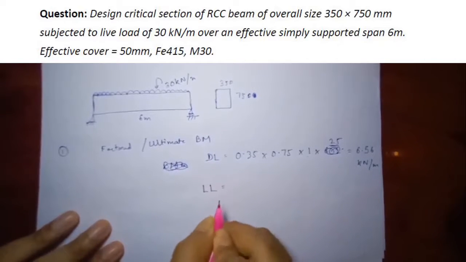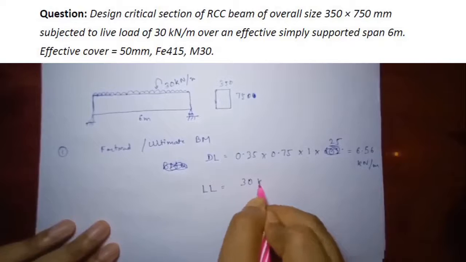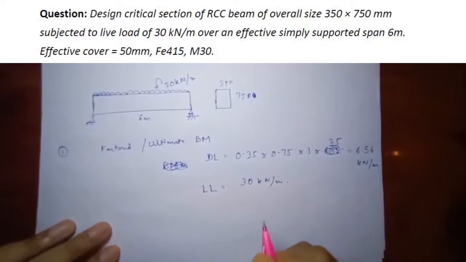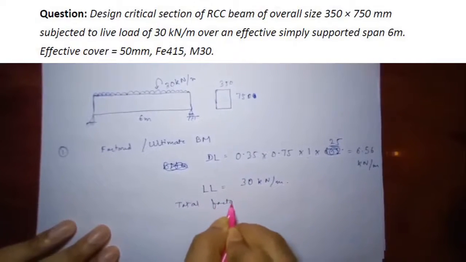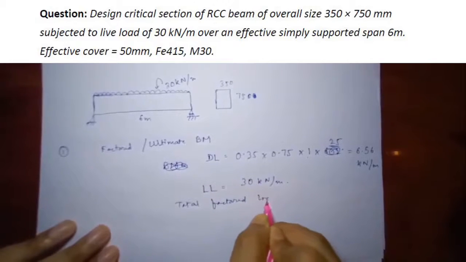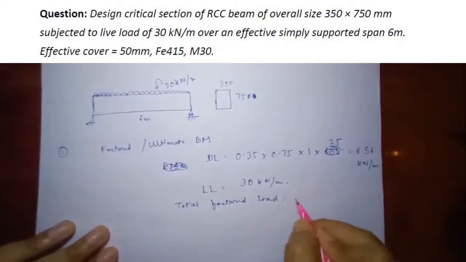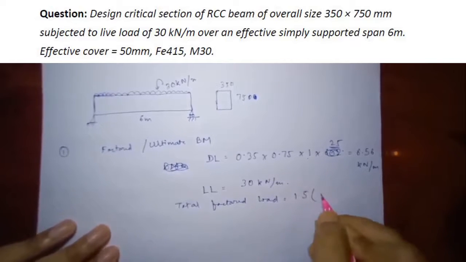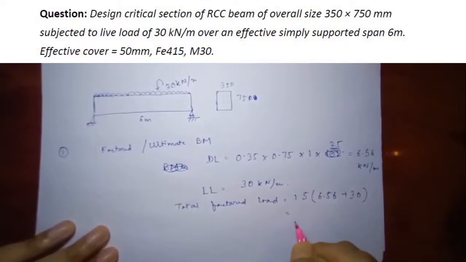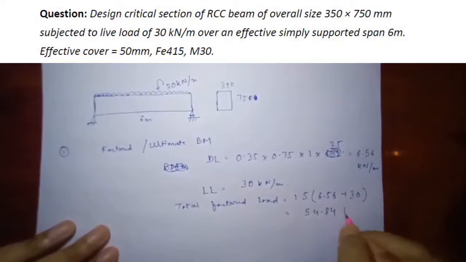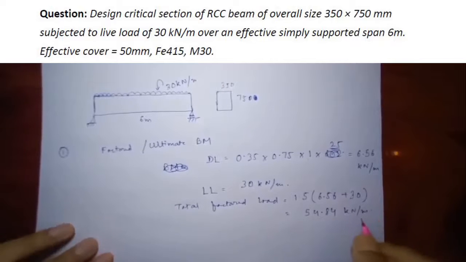Live load will be 30 kilonewton per meter, which is given in the question. Therefore, the total factored load is 1.5 multiplied by the total load, that is 6.56 plus 30, and it is 54.84 kilonewton per meter.